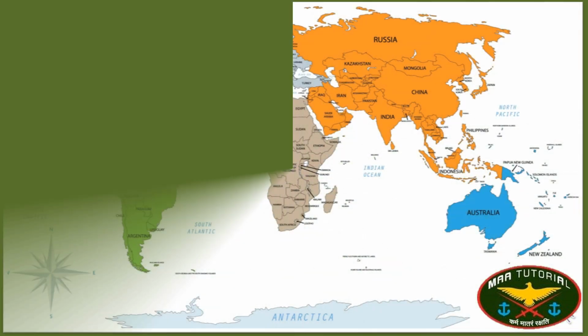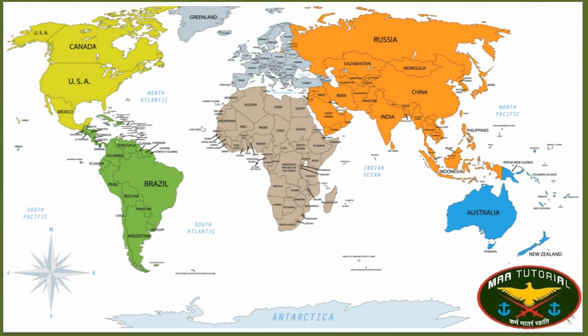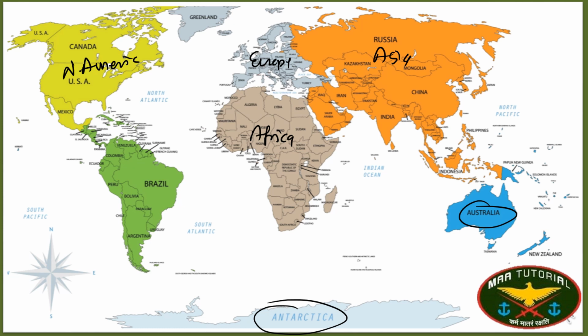Okay friends, next we can see the image. This image shows the 7 different continents of the earth: Asia, Europe, Africa, Australia, Antarctica, North America, South America, and the oceans.